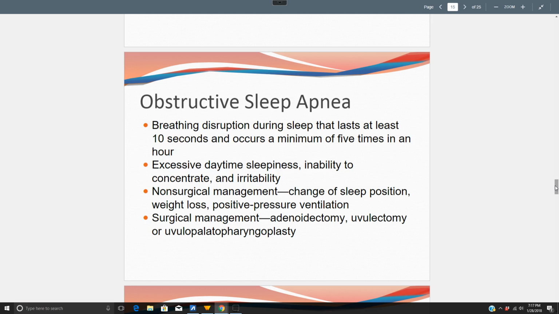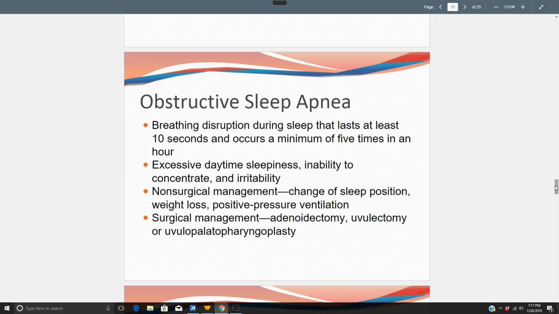And because these patients are not really getting into a deep sleep, they're very tired the next day, and that's represented by their behavior. They might also be very sleepy, unable to concentrate, and become very irritable, because obviously they're not getting a very good sleep at night.